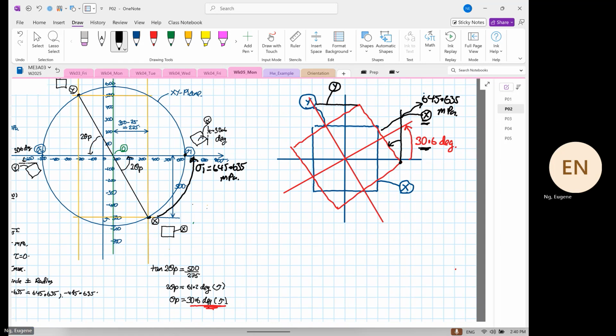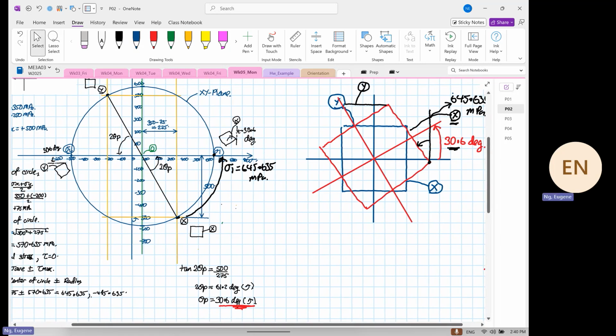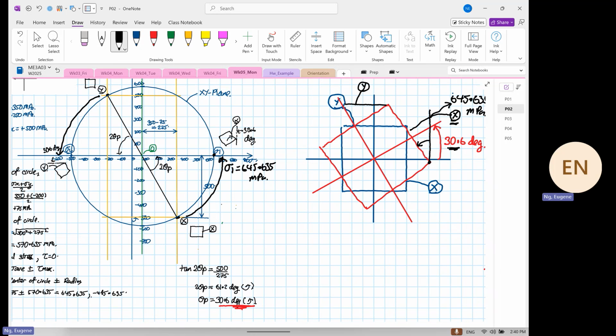I'm going to do this again from point Y now. We are going to rotate again in an anti-clockwise direction, and we are going to reach a stress state of minus 495. So stress 2 is equal to minus 495.635 megapascal.